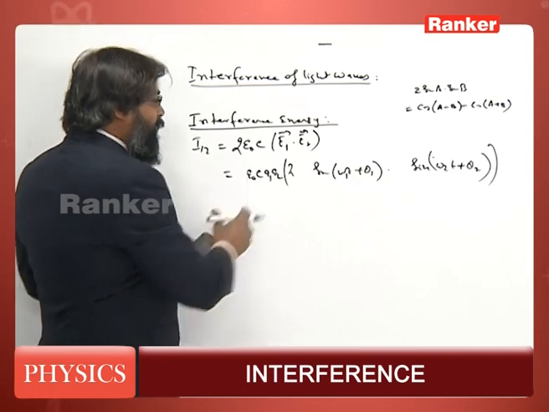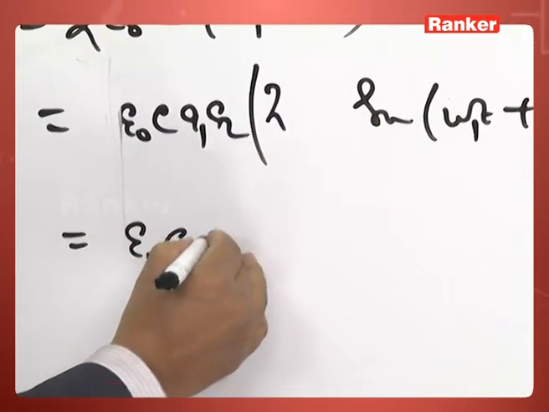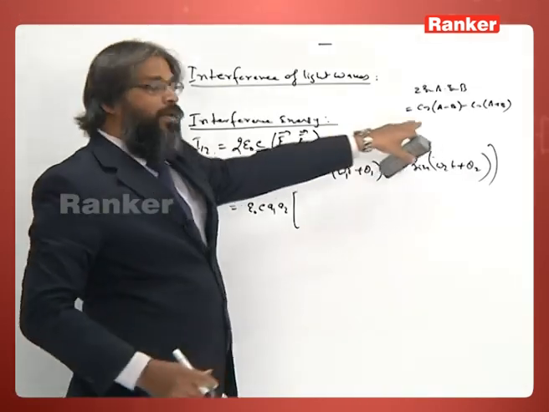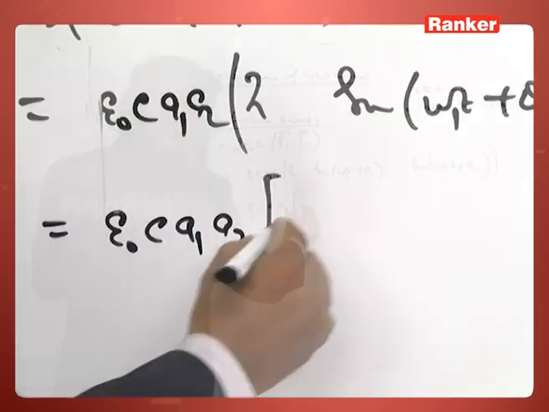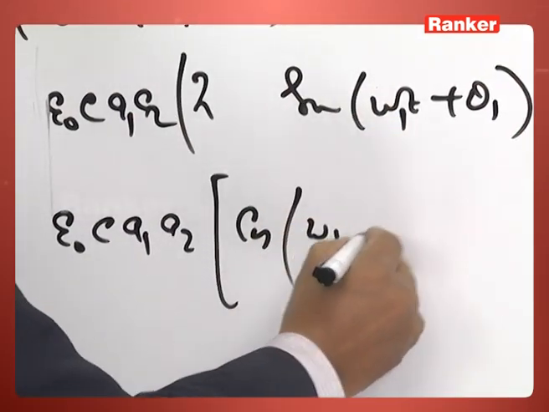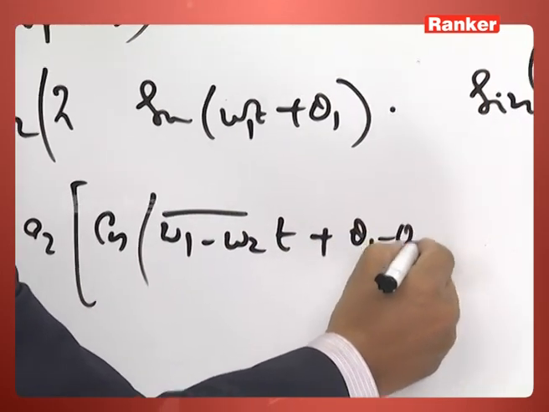So using this trigonometric formula, we will get epsilon naught C A1 A2, that is now the cos(A minus B) term. So cos(A minus B) is cos of (omega 1 minus omega 2) t plus theta 1 minus theta 2.